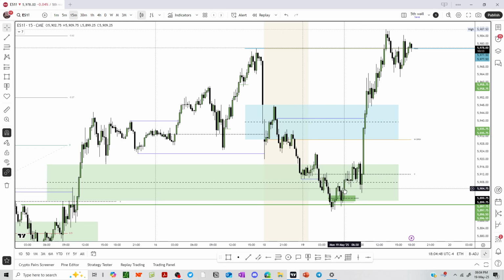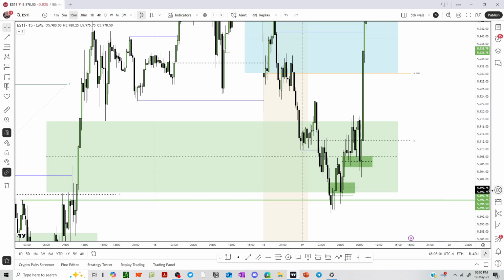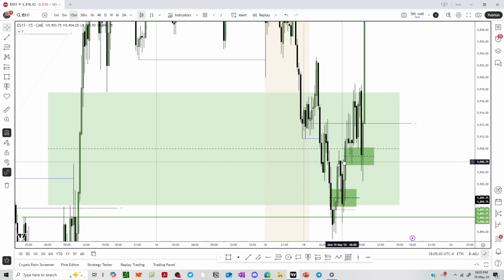But see this bullish fair value gap here, and we're right around consequent encroachment of the 4-hour fair value gap. And you can see here that the bodies are respecting the consequent encroachment of this 15-minute fair value gap. And here, price respected the low of this inverted fair value gap.